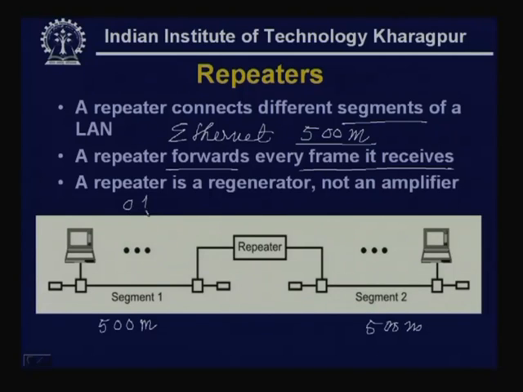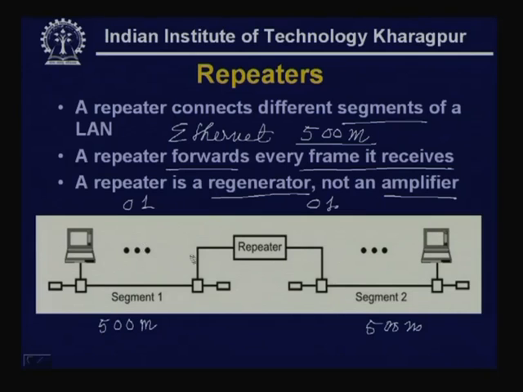That means, if you are sending a sequence of zeros and ones on this side, it may get submerged in noise, but the repeater will remove the noise, extract these bit sequences, regenerate them, bring the voltage levels corresponding to 0 and 1, and put them on the other side. So, it is not really an amplifier, but a regenerator.